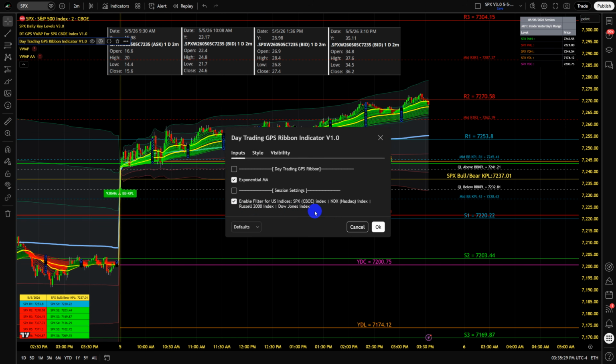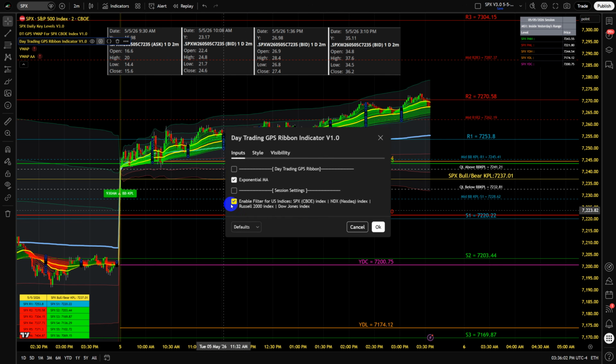So what this filter does is it resets the ribbon for the open because typically the indexes do not have any pre-market activity on the TradingView screen for those indexes. And so sometimes with regular ribbon indicators, you can get sort of an aberration from the gap up or gap down, depending on how severe the gap is on any particular day, which can give you a distorted view of the ribbon.